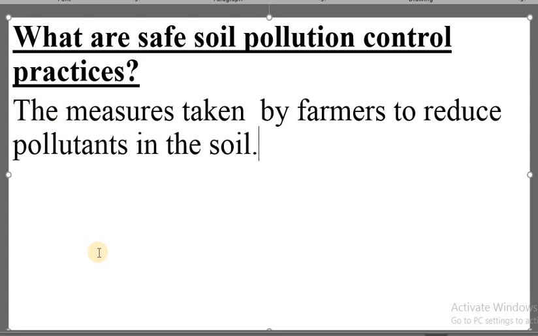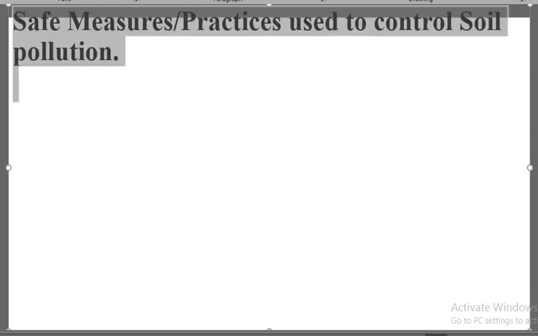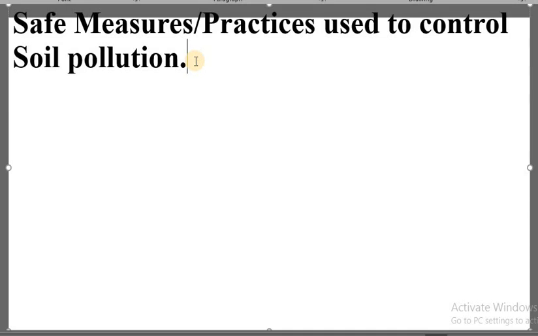Now, we might be asked a very simple question. What are the control measures for soil pollution? How can we control soil pollution?